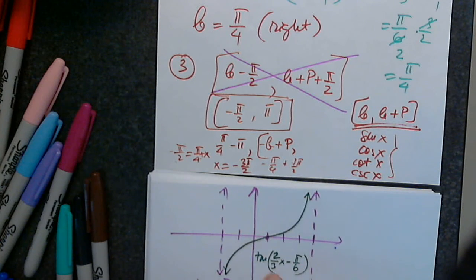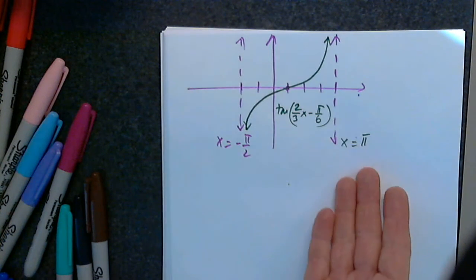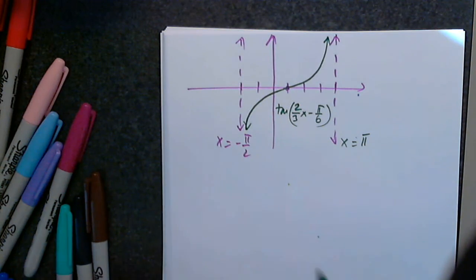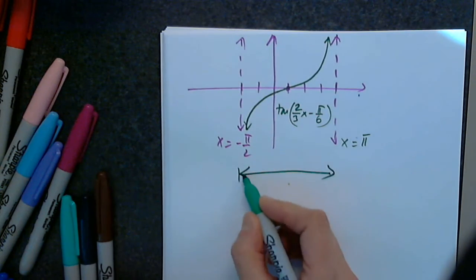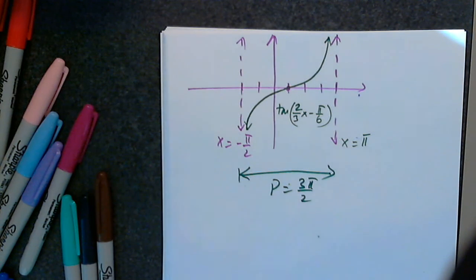And then here x equals pi. So the vertical asymptotes are negative pi over 2 to pi. And of course, pi plus pi over 2 is indeed the period, as we expected. Period equals 3 pi over 2. I don't have yet a recipe for finding the correct interval for all of them.